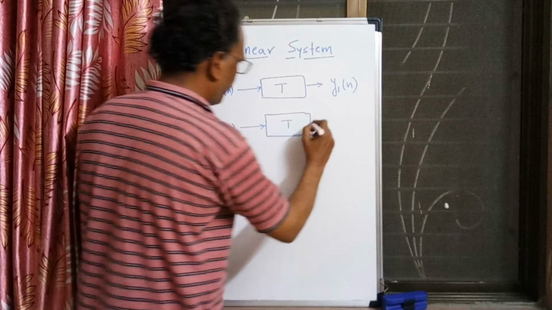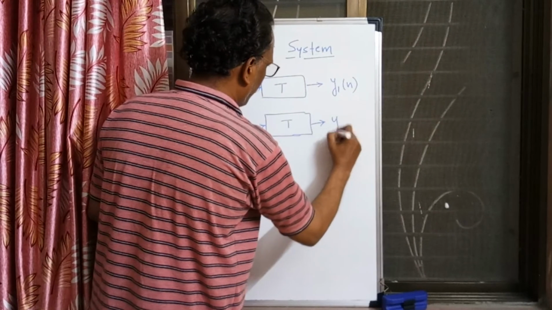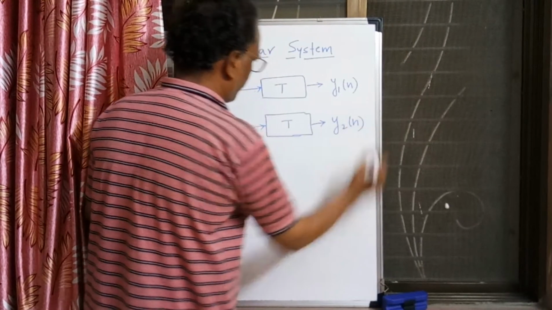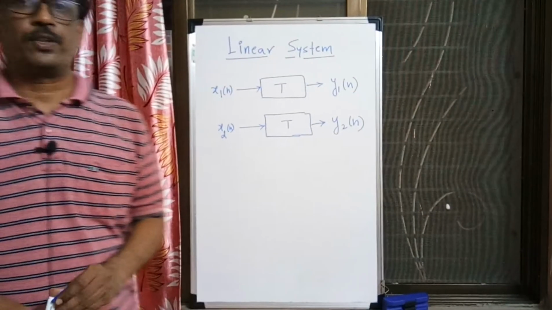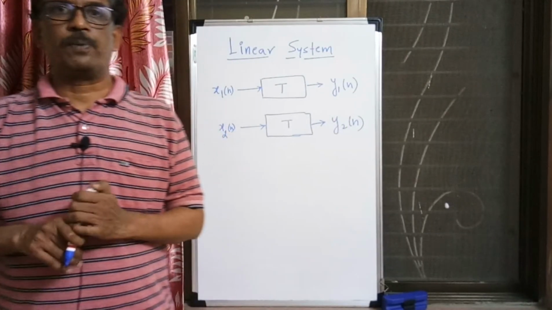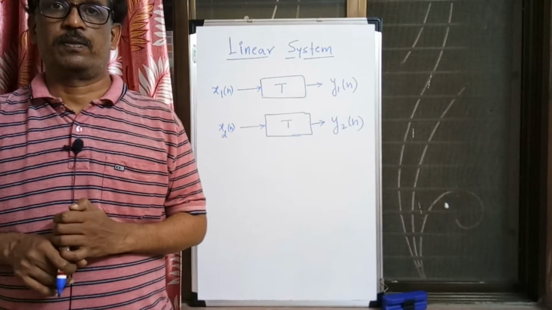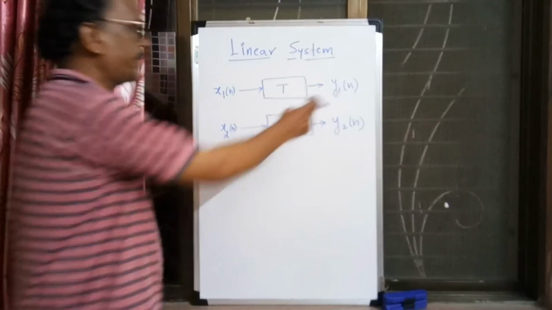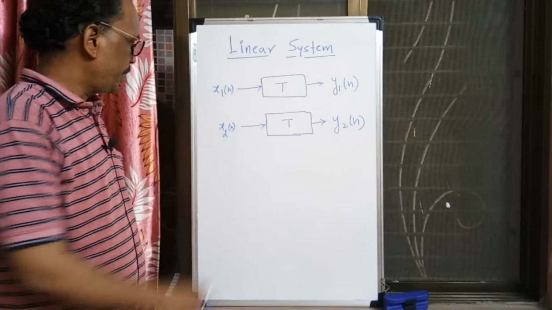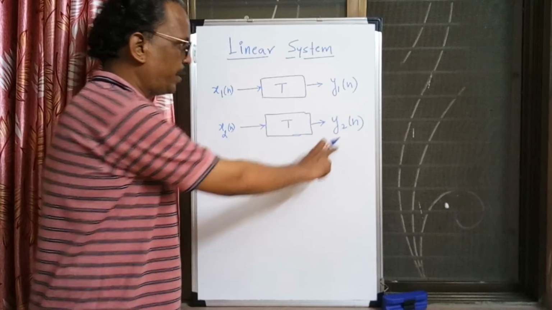I am changing the input and recording the output. Let us say the response, that is the output of the system, is y2[n]. So the response of the system to the input x1[n] is y1[n] and the response of the system to the input x2[n] is y2[n].